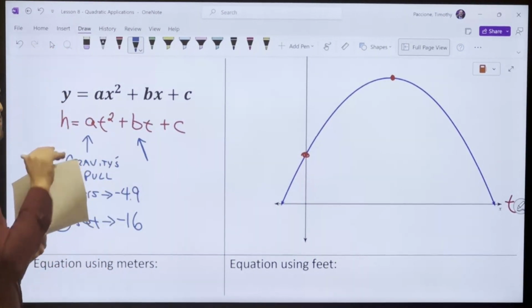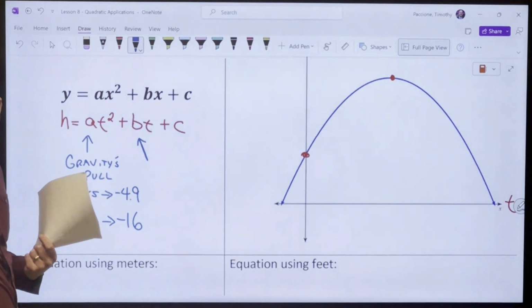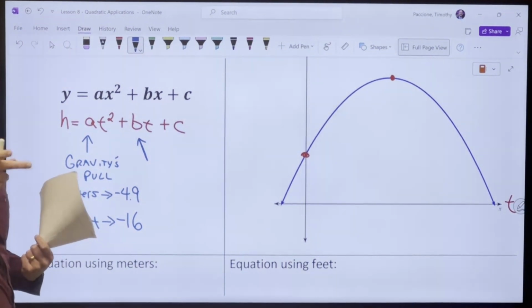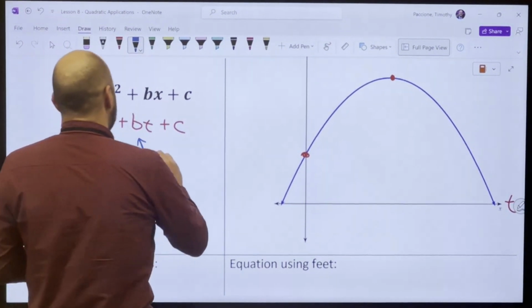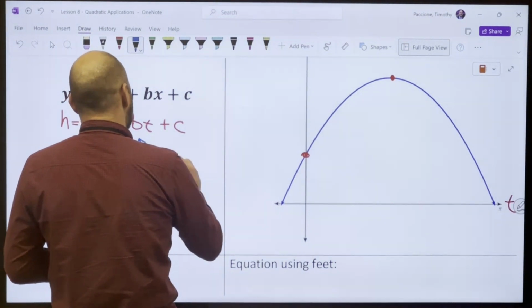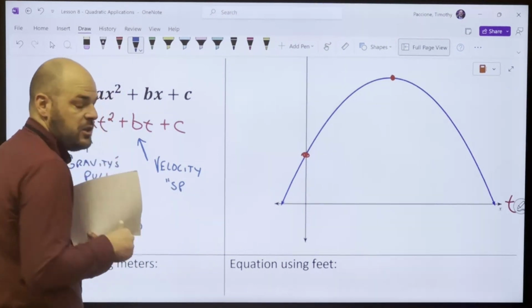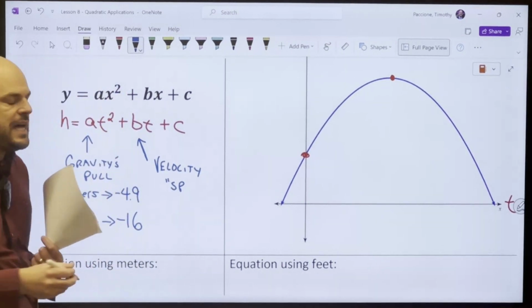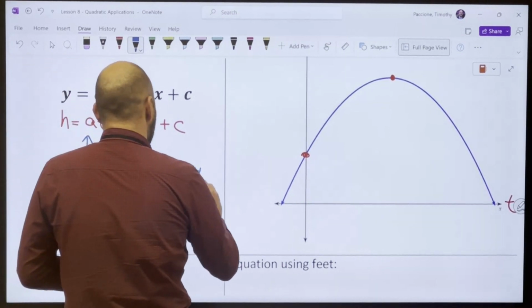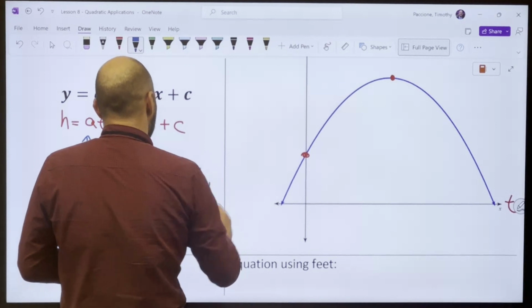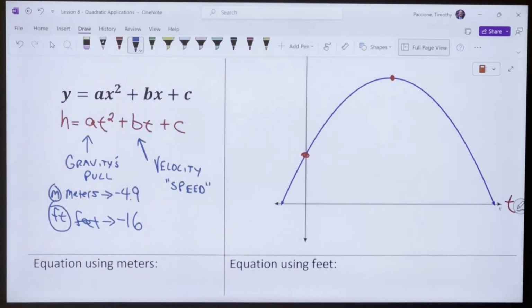All right, this b. Well, what else matters when we're shooting off a rocket? Yeah, the speed, and we use the word velocity, which I know is not the exact same thing as speed, but when you read the problems, it's going to look like someone's giving you the speed. That's the velocity. Why are we doing science and math? Because science and math have a lot to do with each other, and learning the application.